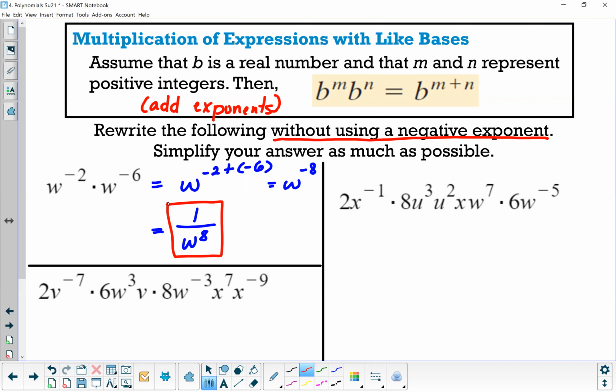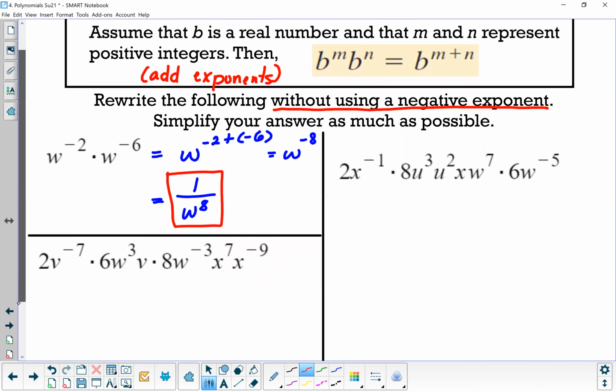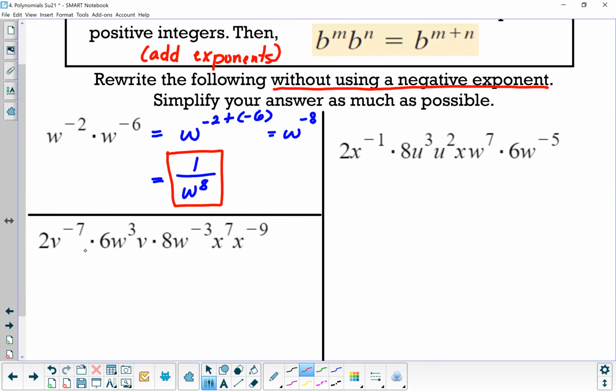All right, let's try another one. 2v to the negative 7 times 6w cubed v times 8w to the negative 3rd, x to the 7th, x to the negative 9. Okay, even though we have some places where we put a dot to explicitly say multiplication, each of these factors are multiplied, right? 2 is being multiplied, and then v to the negative 7 being multiplied.